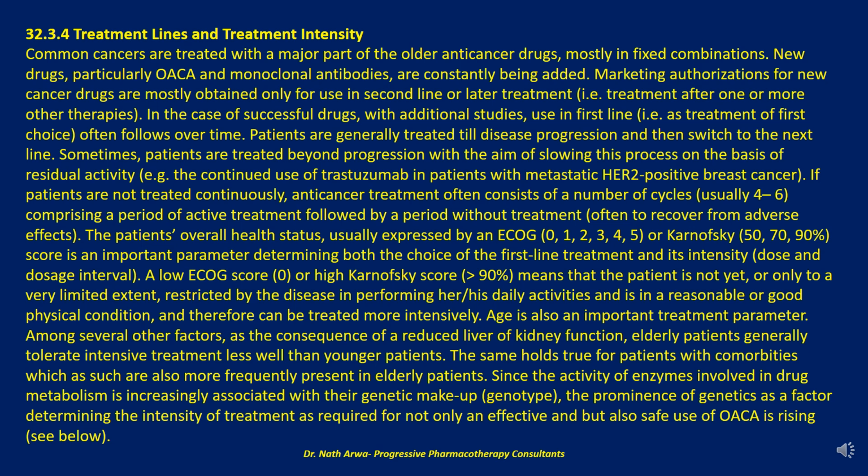A low ECOG score, that is 0, or high Karnofsky score, greater than 90%, means that the patient is not yet, or only to a very limited extent, restricted by the disease in performing her or his daily activities and is in a reasonable or good physical condition, and therefore can be treated more intensively.